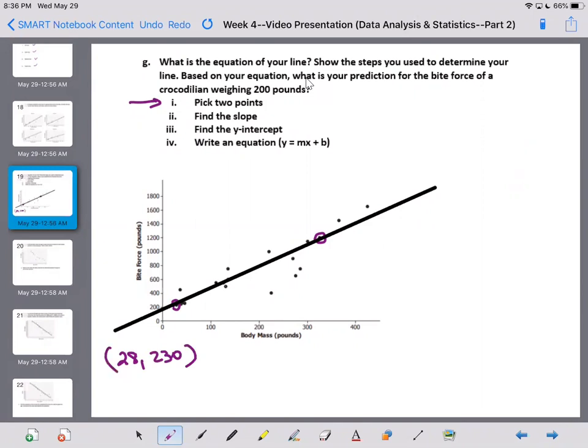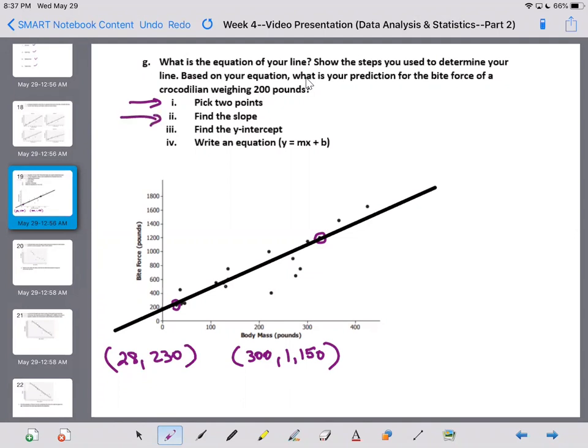And then if we picked another one, we could say maybe the 280, that would be around 3-something. Maybe we could say approximately 300 and 1,150. So we've picked the 2 points there. And now we want to find the slope.